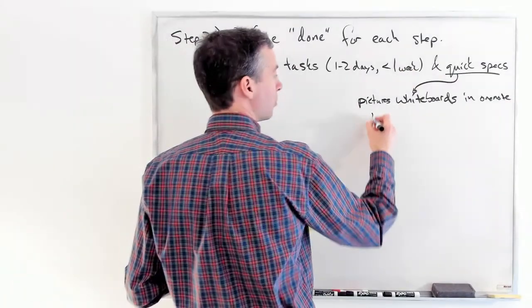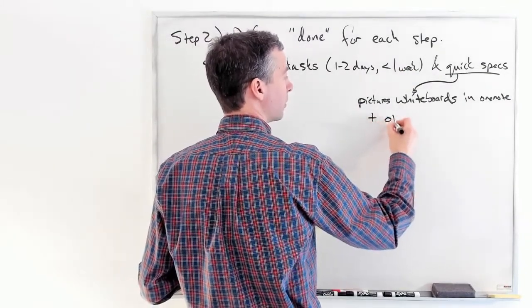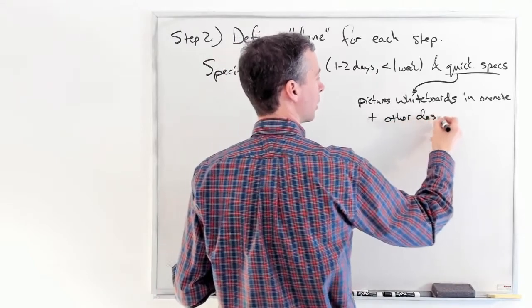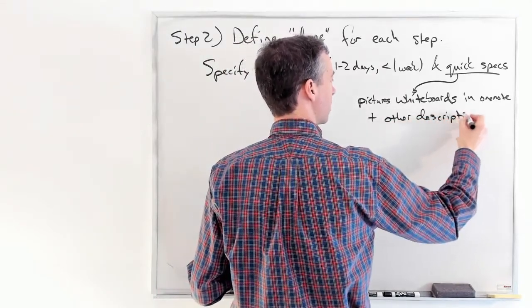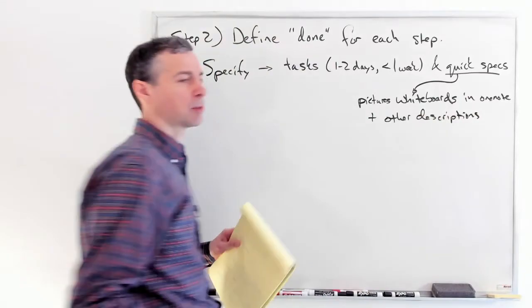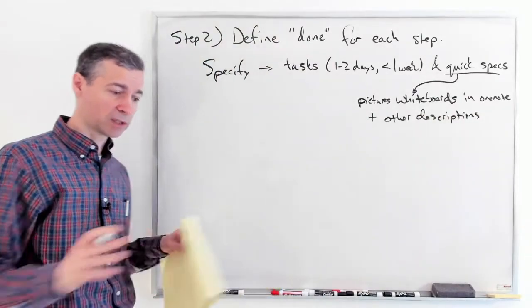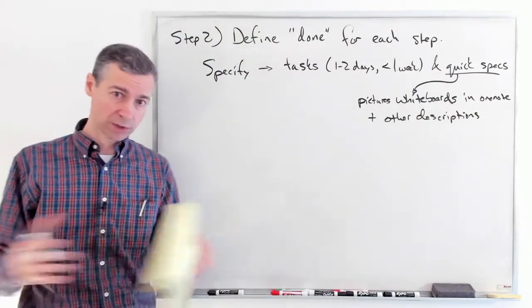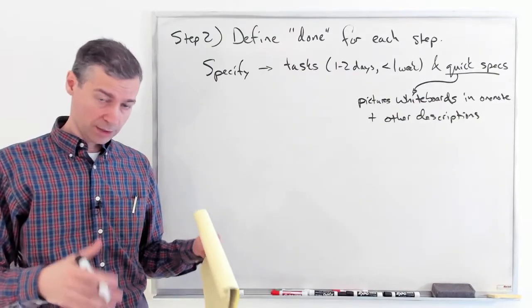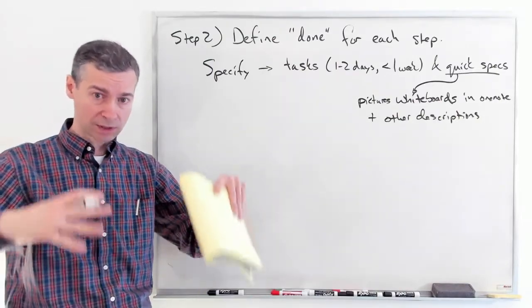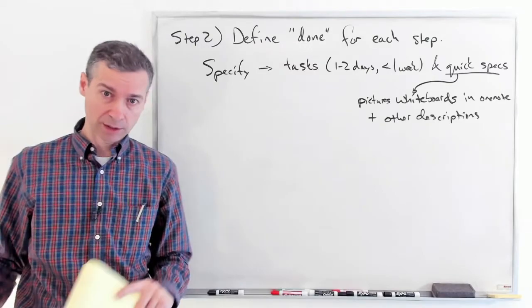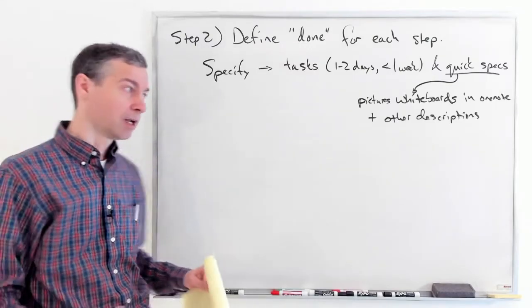Plus other descriptions of the work. It really is spec'd enough to be able to be implemented. It doesn't have to be spec'd enough that 6 months later we'll understand what we're talking about. It's spec'd in the moment so that we understand it well enough to implement it. And so that saves time and effort.